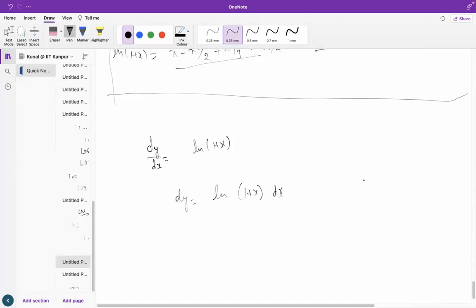We all know the integration of ln x is nothing but x(ln x minus 1). So here, try to replace x by 1 plus x. So it will be ln(1 plus x) and there will be minus 1, that is, minus 1 plus x.